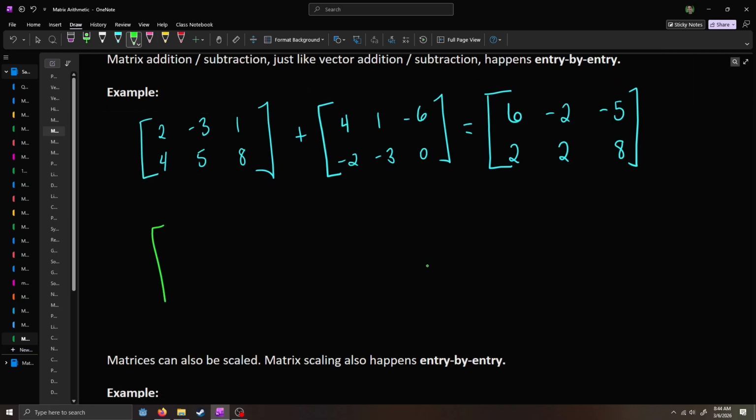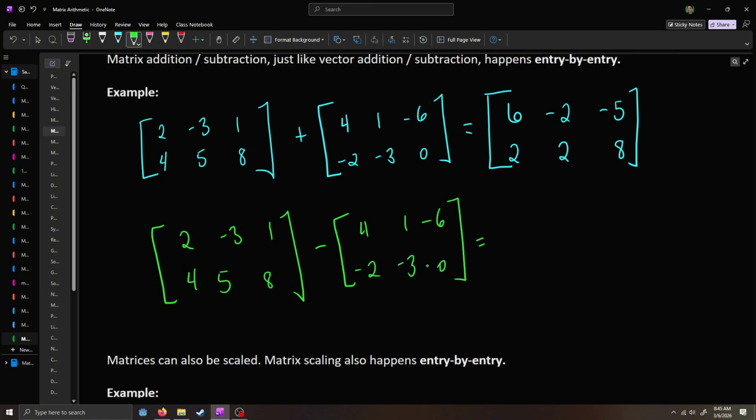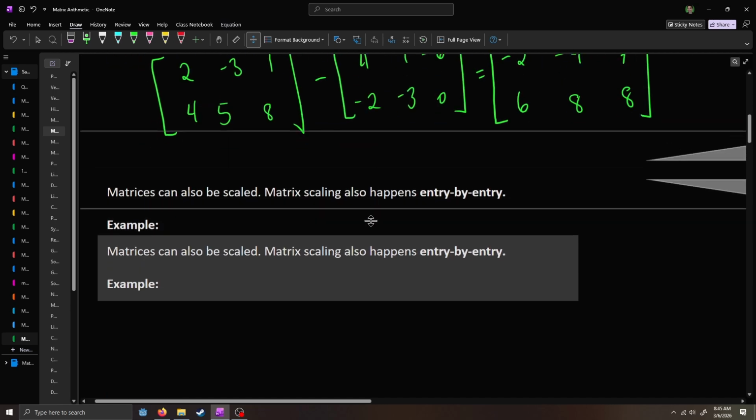So if I took those same matrices, 2 minus 3, 1, 4, 5, 8, and I subtracted 4, 1, minus 6, negative 2, negative 3, 0, I would subtract component-wise, and I would do 2 minus 4, result negative 2, minus 3 take away 1, result minus 4, 1 take away minus 6, result 7, 4 take away minus 2, 6, 5 take away minus 3, 8, and 8 take away 0, also 8. So subtraction, once again, is just component-wise.